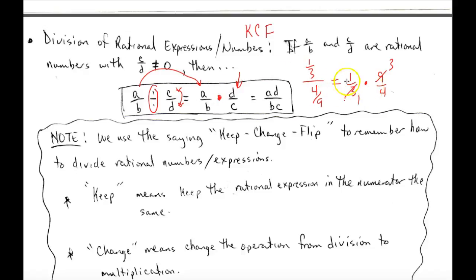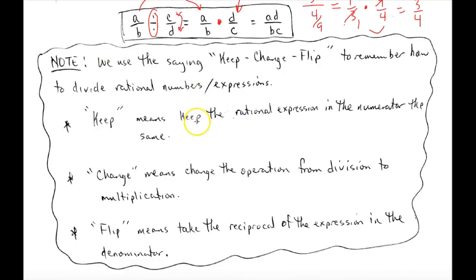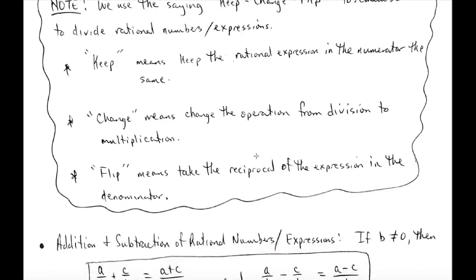So we say 3 goes into 3 once, and 3 goes into 9 3 times. And now we just multiply numerator with numerator and denominator with denominator. So that's how division of rational expressions would work. And so again, here we have the whole thing of the keep, change, flip. So just in case you forget that, you can always come back and look at this video.